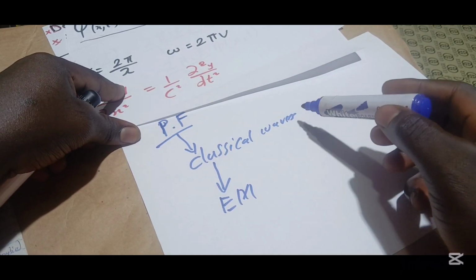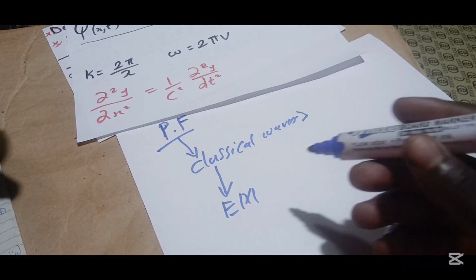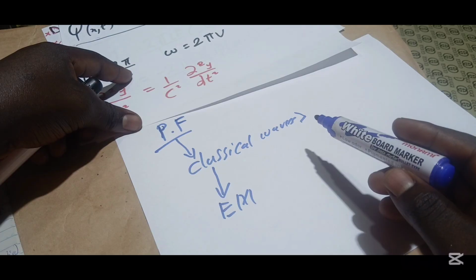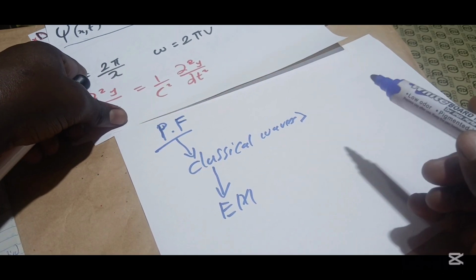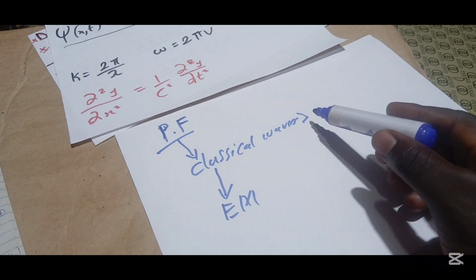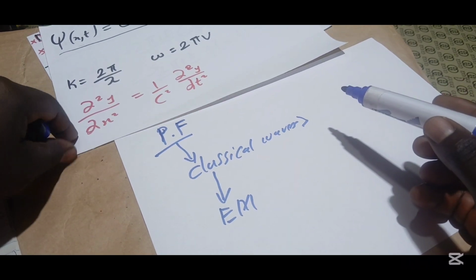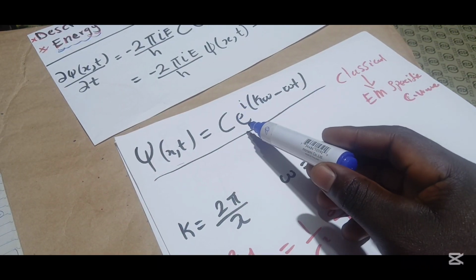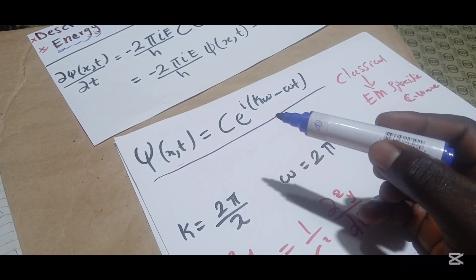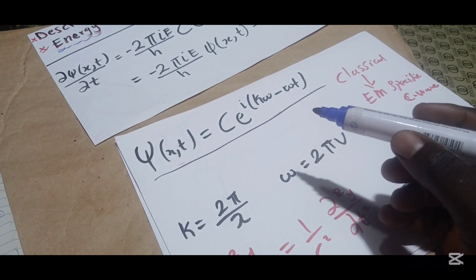Now let's look at what a classical wave is and what an electromagnetic wave is, because the mathematical models that describe them look similar. They have the same general formula structure. The classical wave formula, which was here, is the general description of a classical wave. And we also have a general formula that describes an electromagnetic wave.